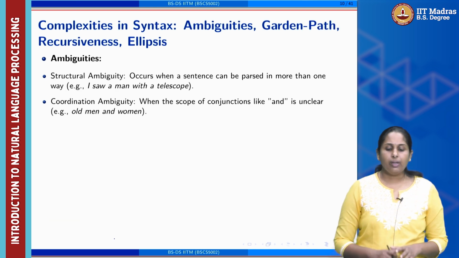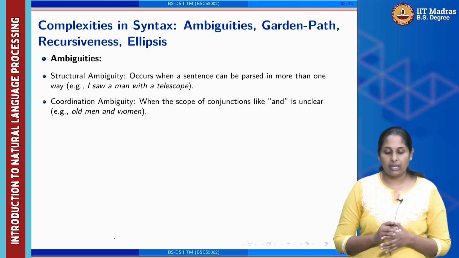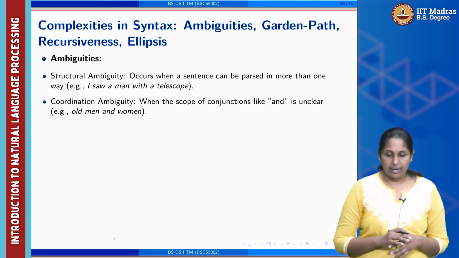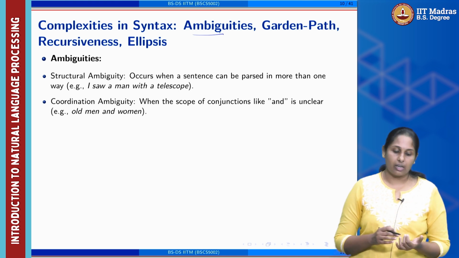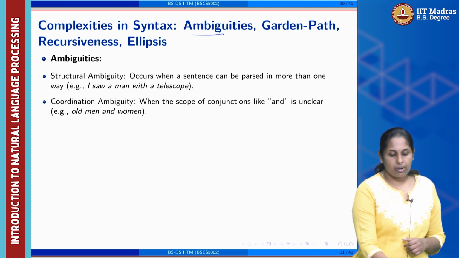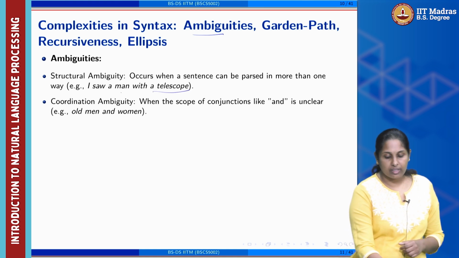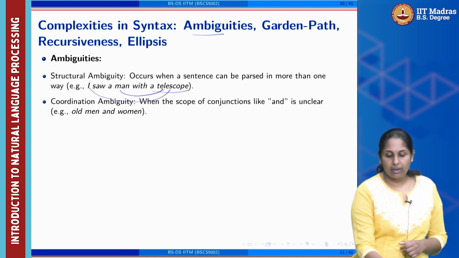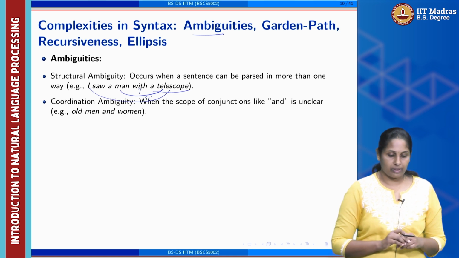Okay, so the complexities in language, especially when it comes to syntactic patterns, come through different patterns. One is because of ambiguities. Ambiguities can occur in a structural way. For example, I saw a man with a telescope. Now, who has the telescope? Whether the man has the telescope or I have a telescope, it is an ambiguous thing. This is structural ambiguity.